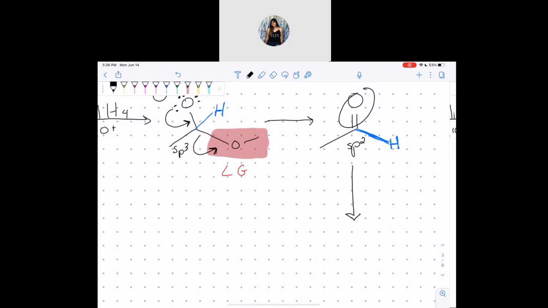So if we were to protonate this, we could get that, right? And what now? You know what? Fine. I'll draw it better. Because that's not a completely unreasonable way to go about it.